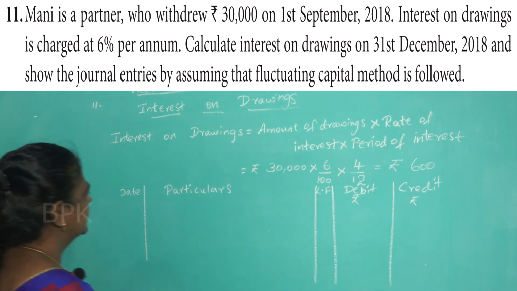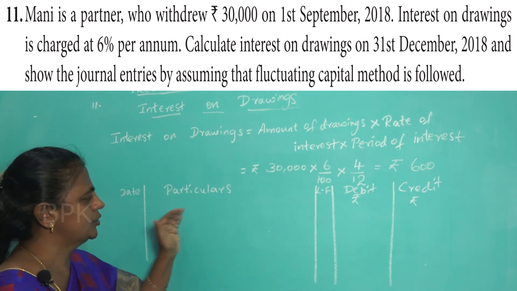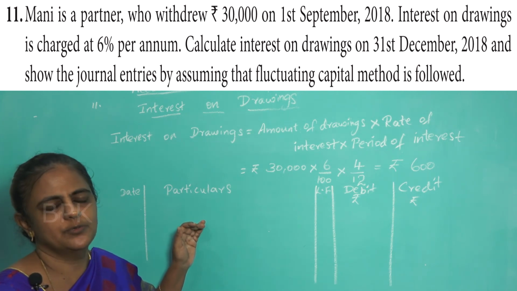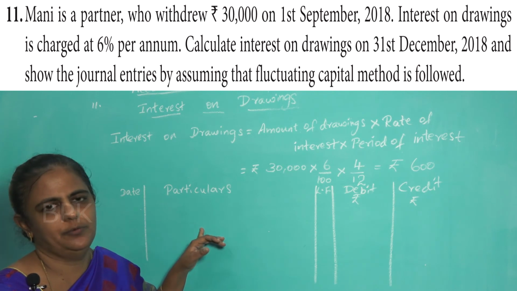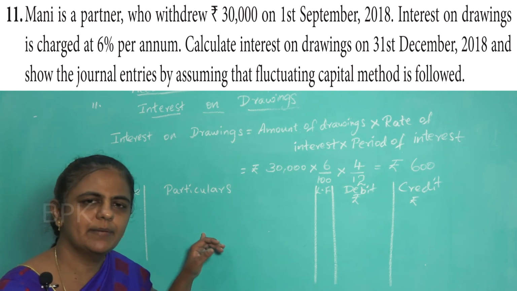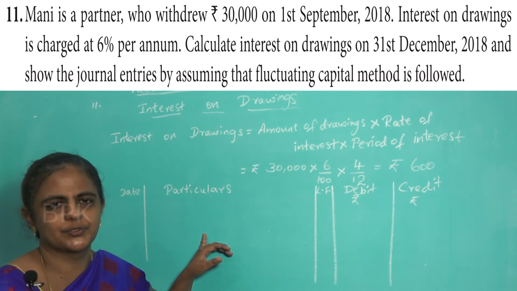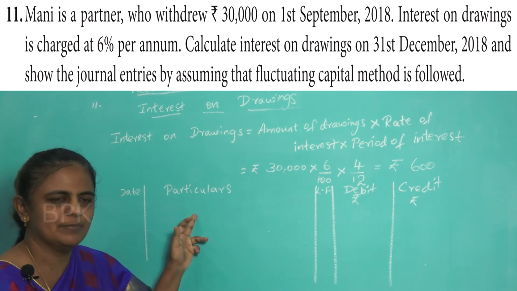Okay. So first this interest on drawings should be charged to capital account. Whose capital account? Money's capital account. Okay. Capital account, what happens when you withdraw money? When you withdraw money, capital gets reduced. So capital account should be debited.